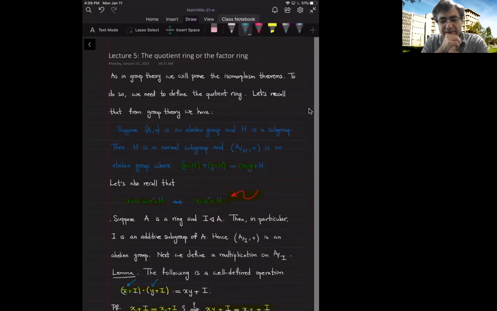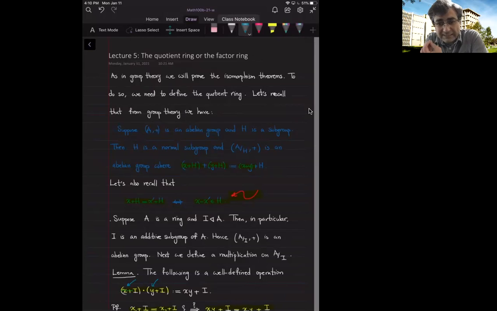In order to characterize kernels, we need to define quotient rings. So let's recall from group theory that if I give you an abelian group, any subgroup will be automatically normal, so then we can talk about the quotient group of A by H.